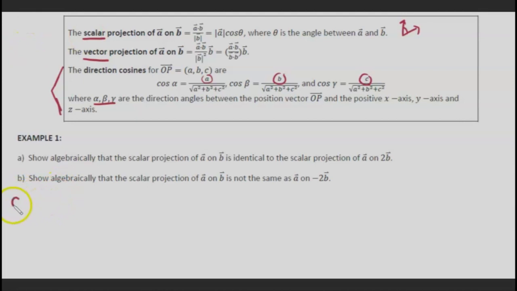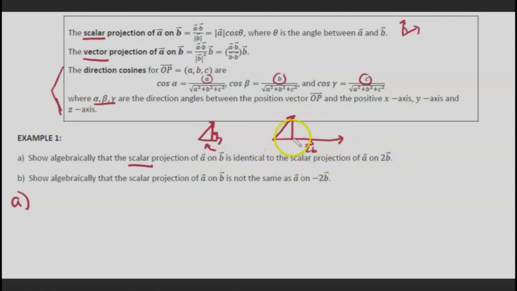Example 1, part A: show algebraically that the scalar projection of A on B is identical to the scalar projection of A onto 2B. What this means is that if we have A and B, this projection, which is at 90 degrees, is going to be the same as if we had A and double the length of B, maybe that's 2B.